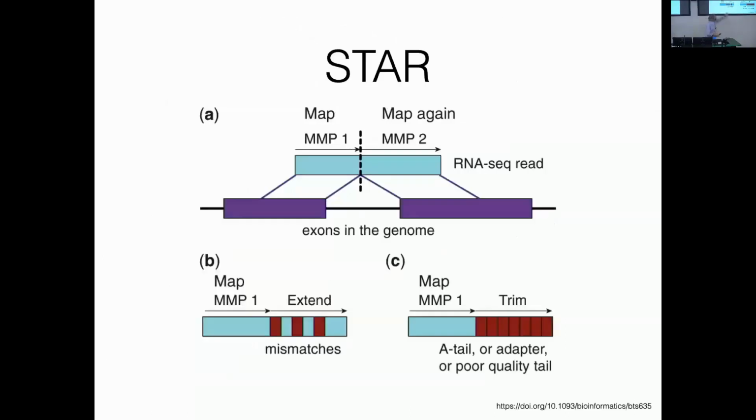But we're going to have mismatches for two reasons. One is that we'll have sequencing error, because sequencing isn't perfect. And two is that the genome that we're using as a reference is almost certainly not the genome of the organism from which that sample came, right?